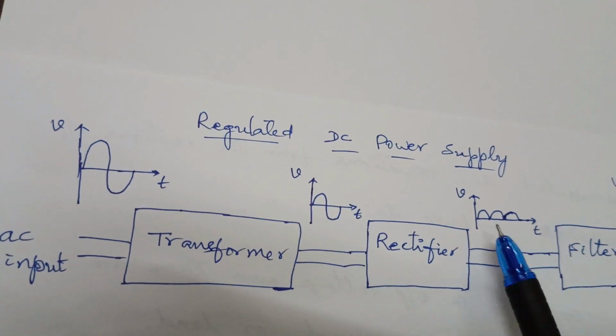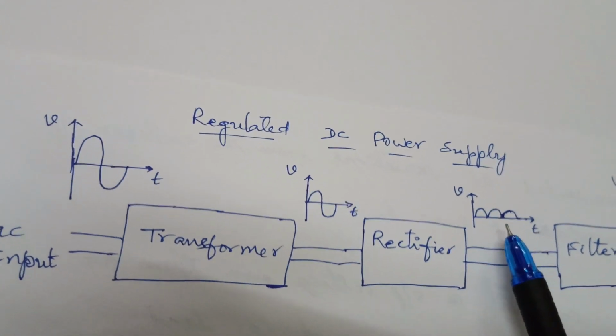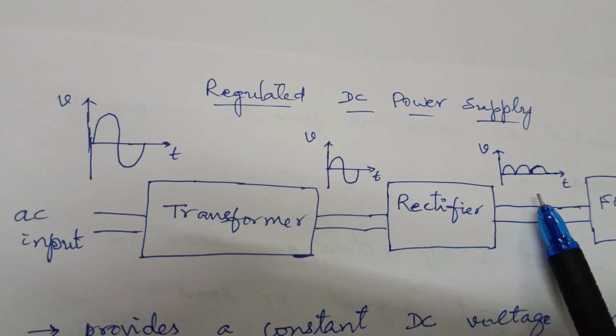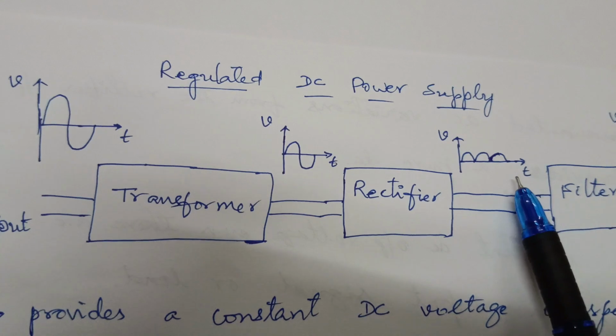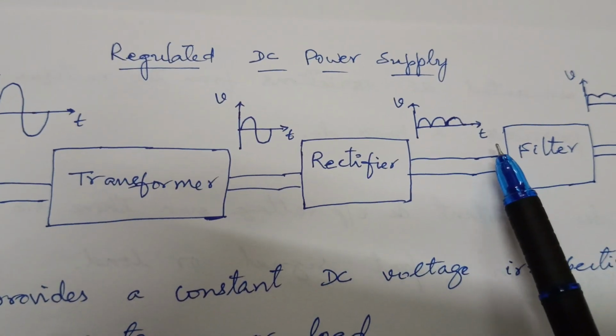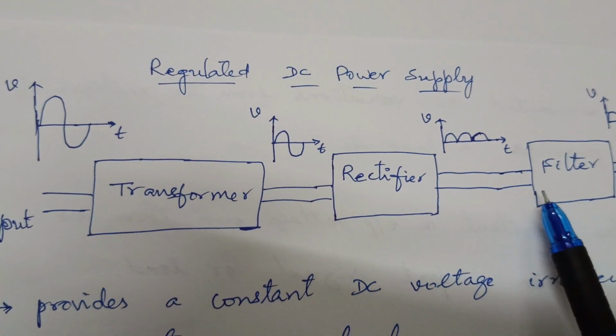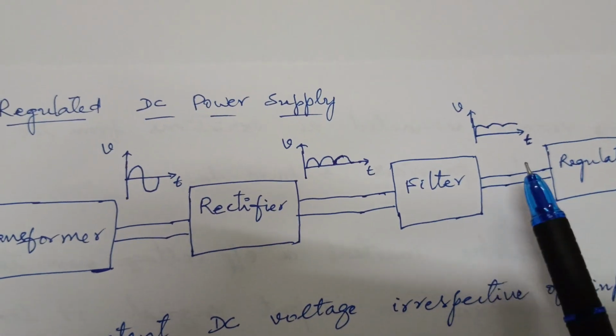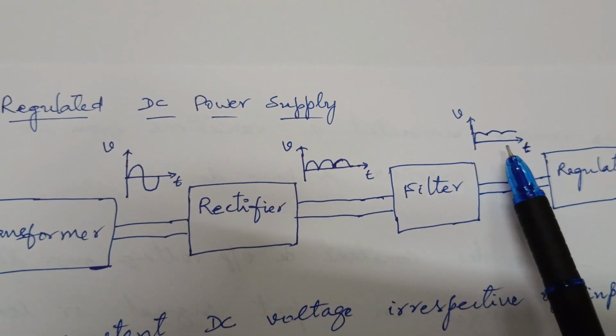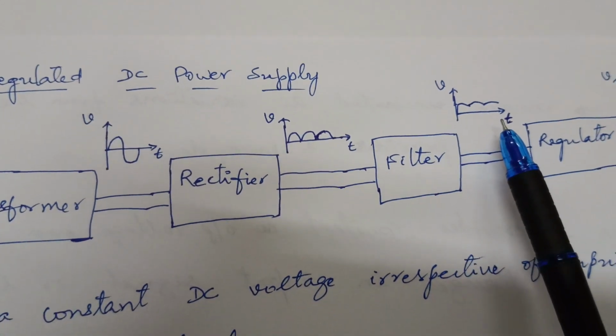The rectifier output, which is a pulsating waveform, indicates that it has got AC component along with the DC. Therefore, it is necessary to remove unwanted AC signal to get pure DC. For this purpose, we use a filter circuit. The filter circuit removes unwanted AC signal and provides more DC, a pure DC signal.